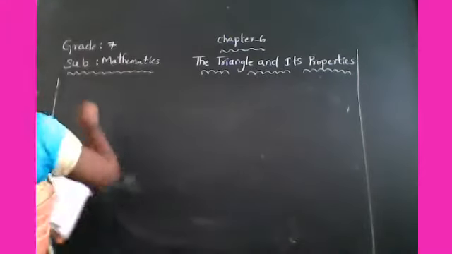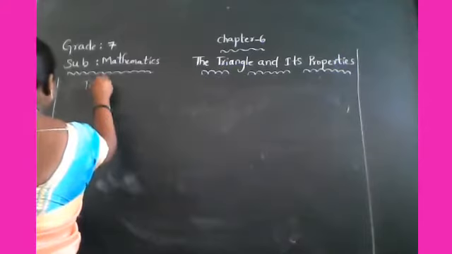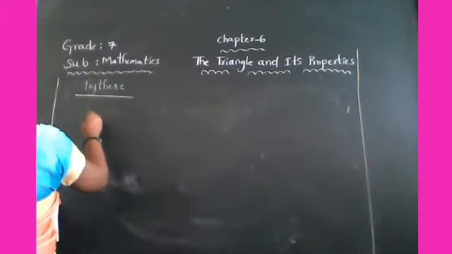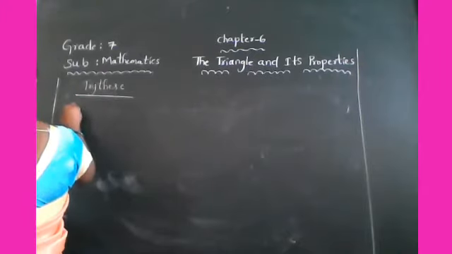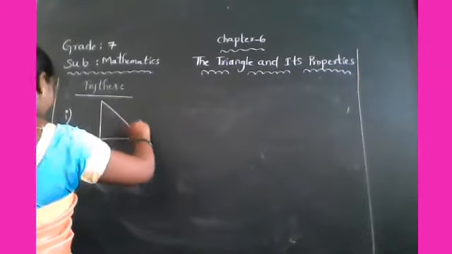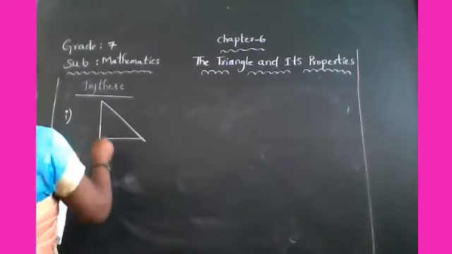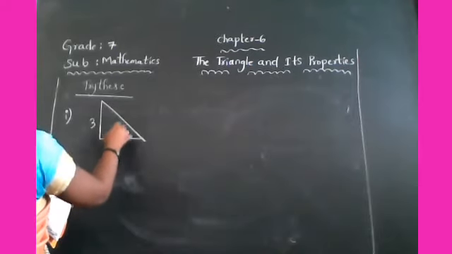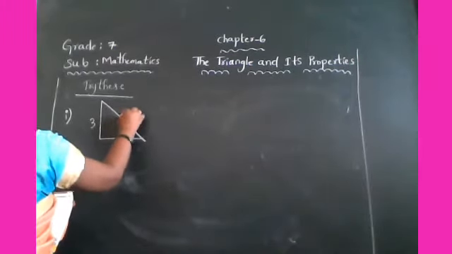So here in the try this problem, he has given some figures. We have to find the unknown x. So draw a right angle triangle. It has sides 3, 4, x.